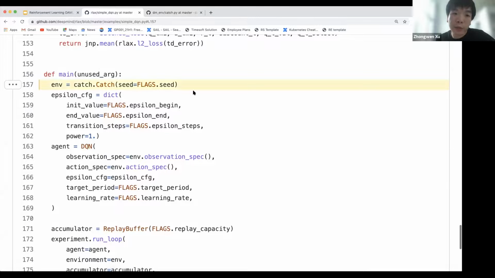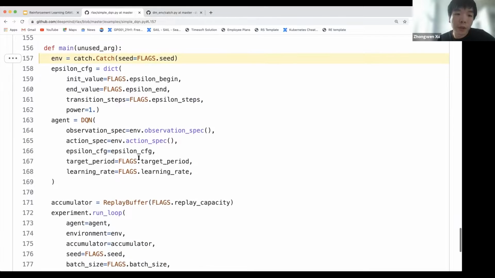Simply replace this line with any reinforcement learning environment which fits the abstract API, and then they can run. So it's a very good abstraction of the agent-environment interaction, so that people can really develop the agent and the algorithm independent of thinking about concrete environments.